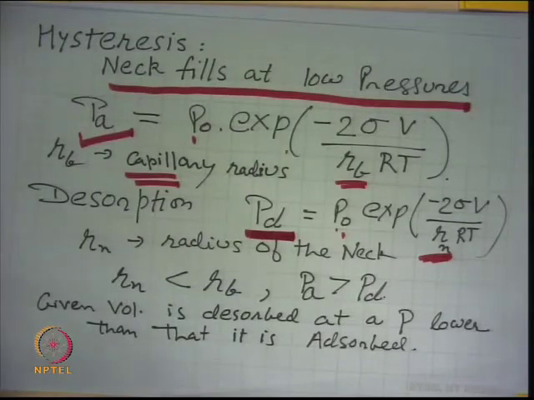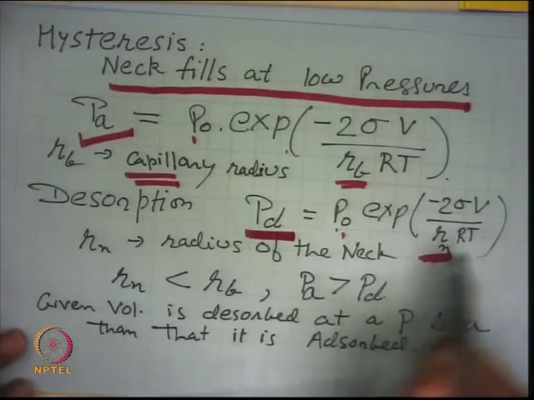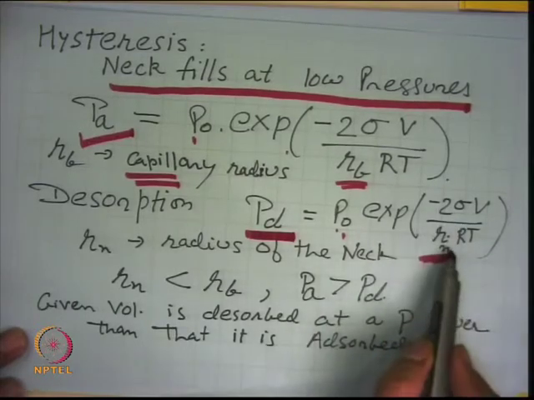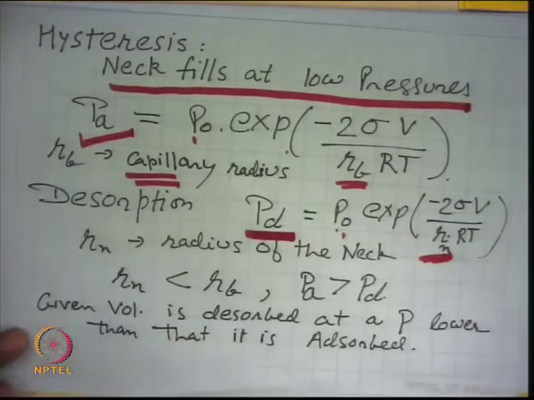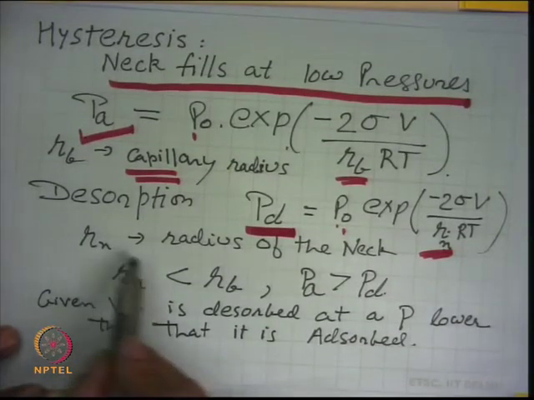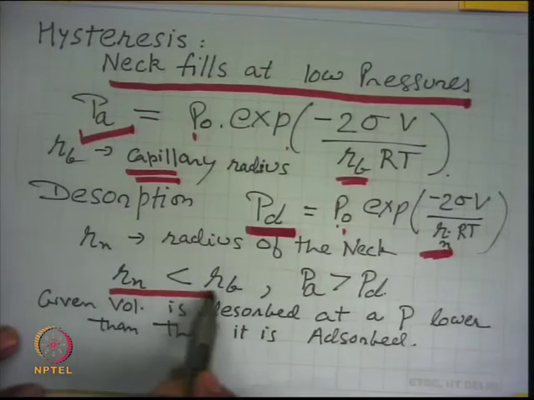The pores are filled when the adsorption has taken place, right. Because the neck has a lower radius and the lower portion has the larger radius, the desorption will take place according to this equation, right. So, now this neck radius R n is less than the bulk radius R b, or the actual pore radius.